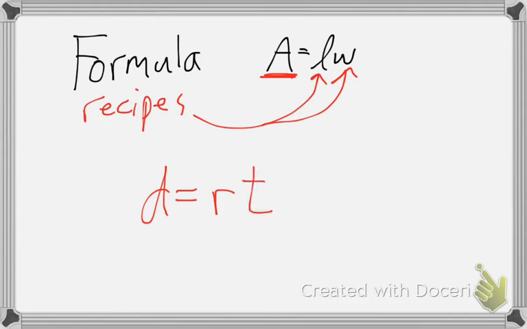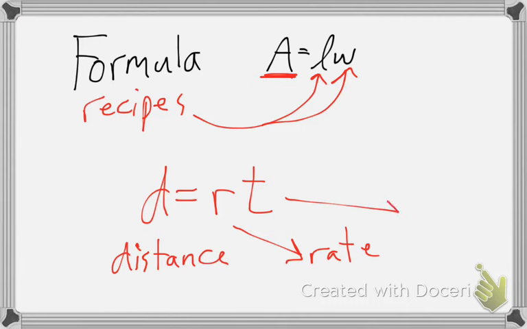D equals RT. This is called the distance formula. You can find the distance that anything travels if you know the rate, so this is the rate, and you know the time. Well, what does that mean? Rate is how fast it's going.